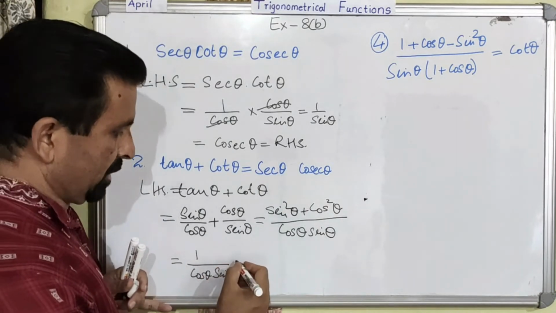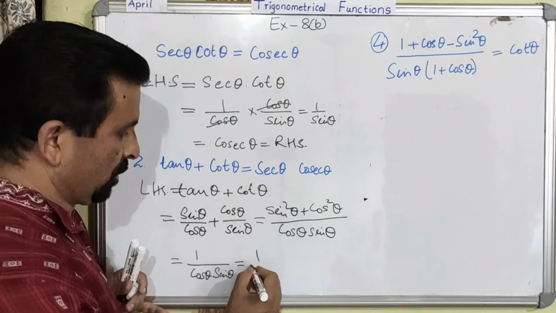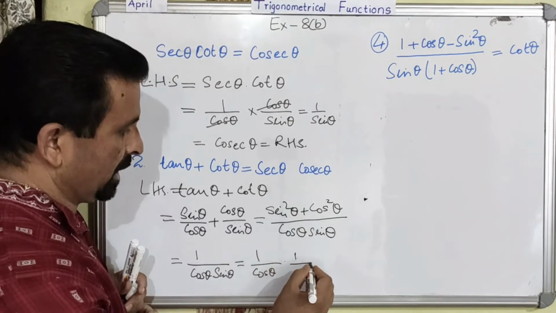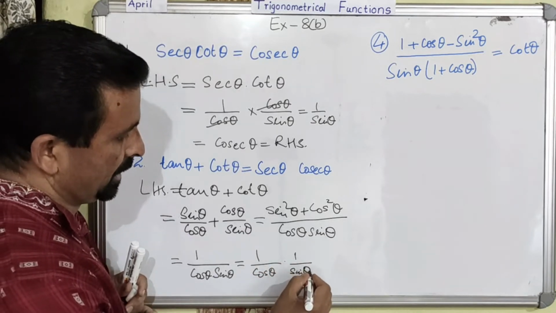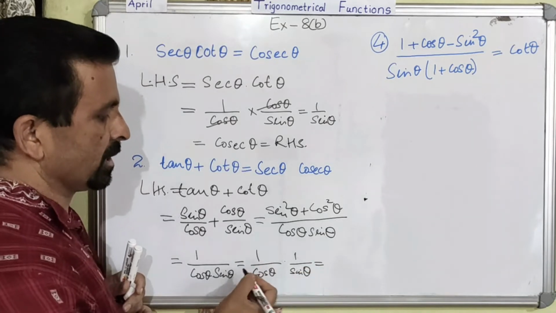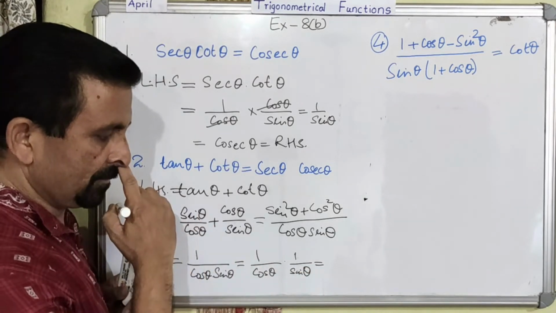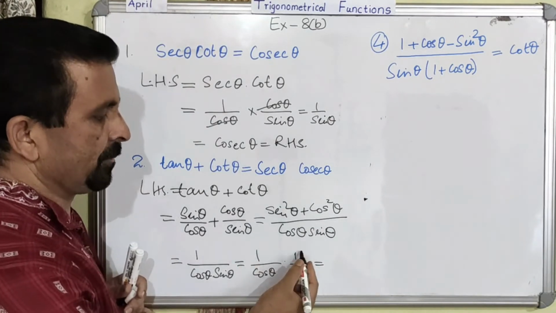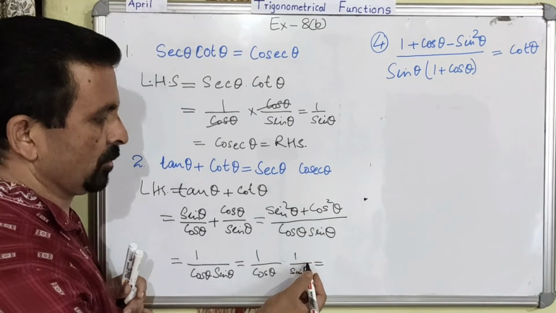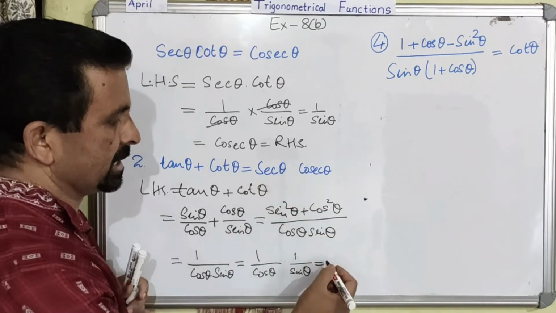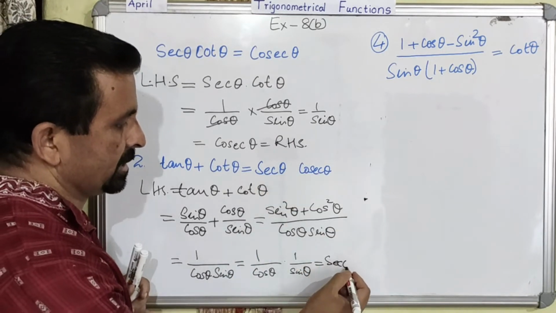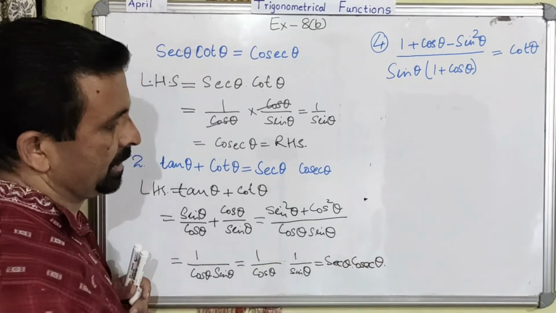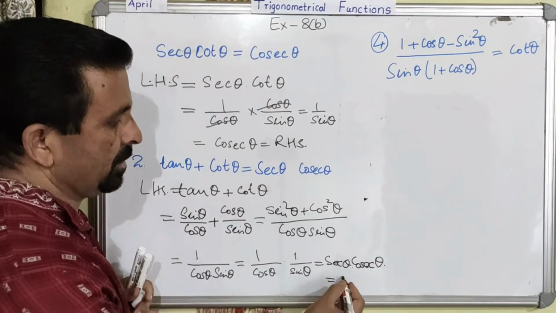Now, after this, what we can do here is, we can write this as 1 over cos theta into 1 over sine theta. Is it okay? Now, 1 over cos theta is the reciprocal, so we can write sec theta. And 1 over sine theta is the reciprocal, so we can write cosec theta. Our answer is this. So we will write in the same order sec theta into cosec theta. Is it okay? And this becomes your RHS.